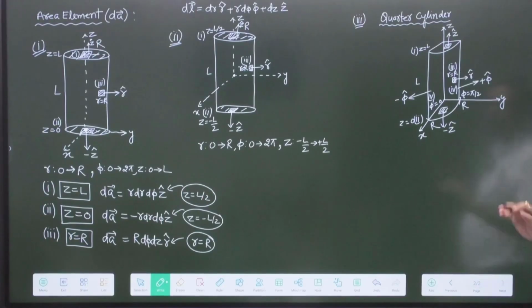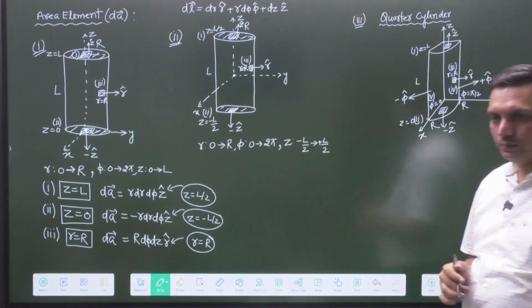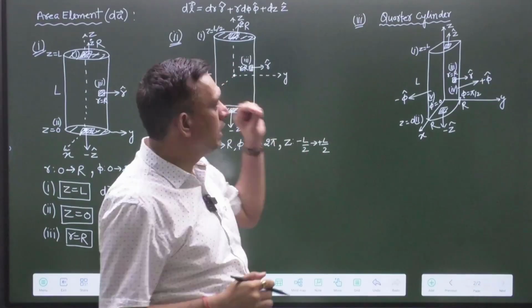So this volume is surrounded by 5 surfaces. It's a part of a cylinder.